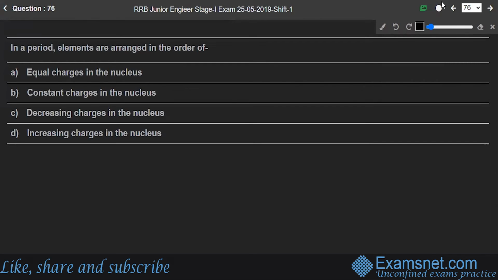Question number 76. In a period, elements are arranged in the order of equal charges in the nucleus, constant charges in the nucleus, decreasing charges in the nucleus, or increasing charges in the nucleus. Right answer, option D. In 1913, Henry Moseley, who gave the modern periodic table, had S, P, D, and F blocks.